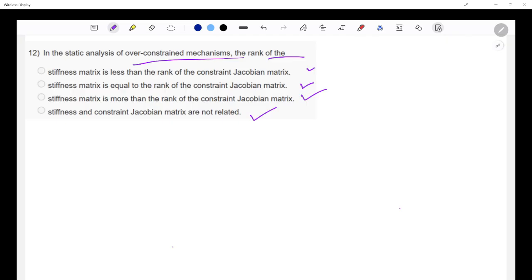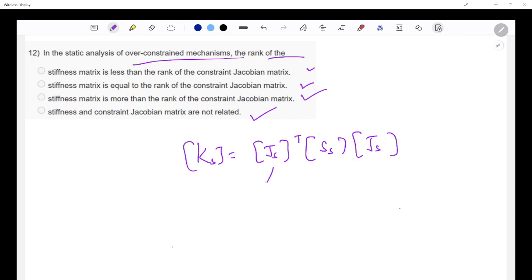So, the stiffness matrix is given by Jacobian of the stiffness and then SS and JS, where JS is the constraint Jacobian, right, and SS is the element stiffness matrix.